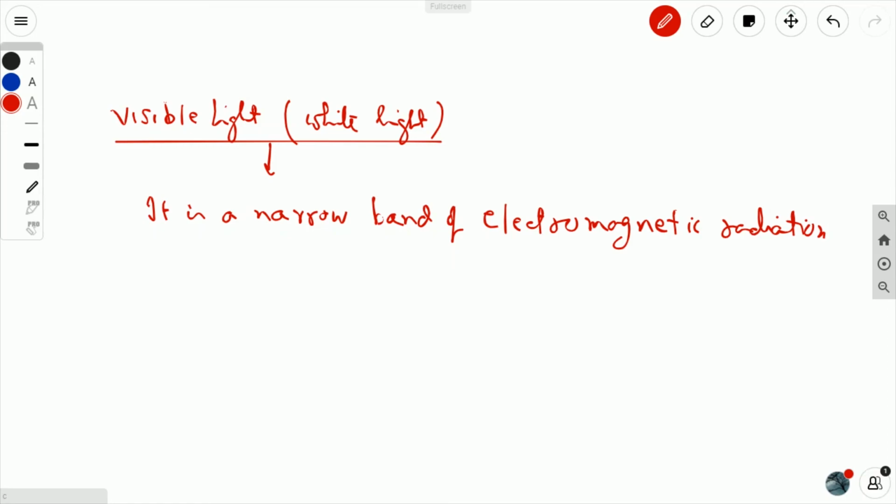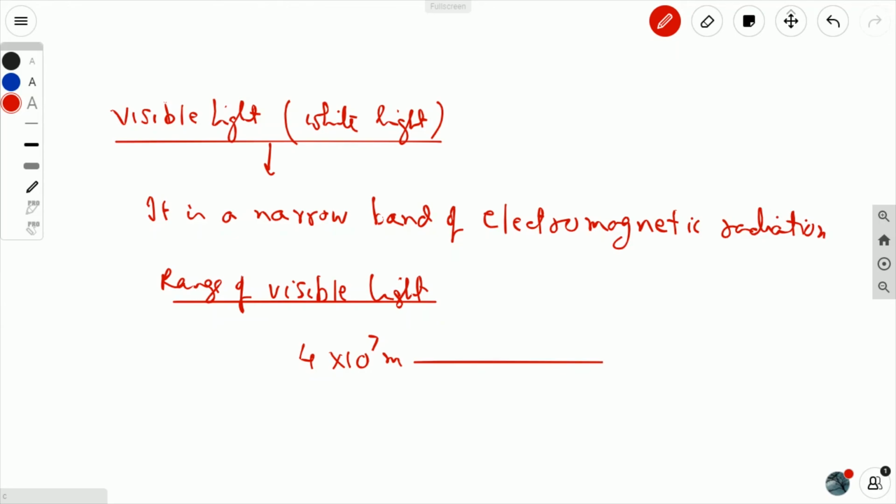Now, what is the range of visible light? Sometimes they ask in the exam. We can say that the wavelength is 4 into 10 to the power minus 7 meter up to 7 into 10 to the power minus 7 meter.